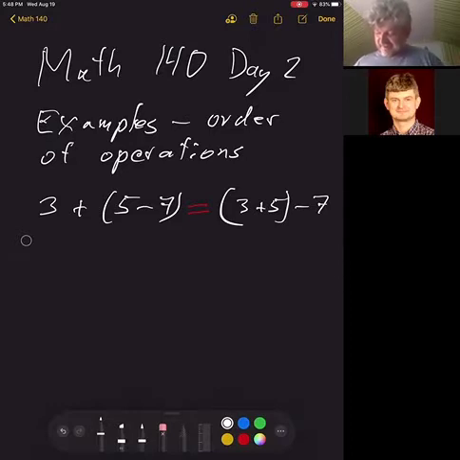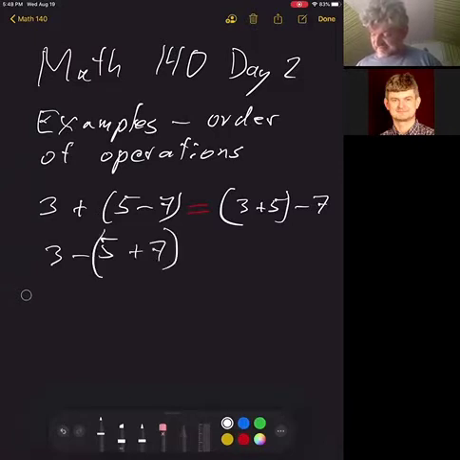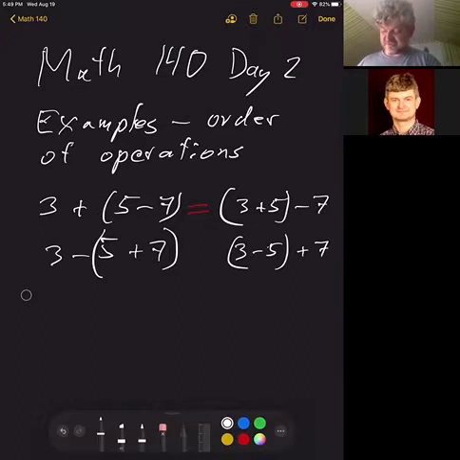Okay. So now let's see what happens with 3 minus (5 plus 7), like this, and compare it to (3 minus 5) plus 7. Again, you've got to do inside the parentheses first. So I got 5 plus 7, 12, and then 3 minus 12, that's something negative.